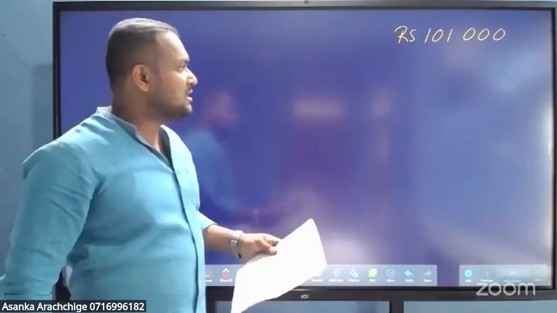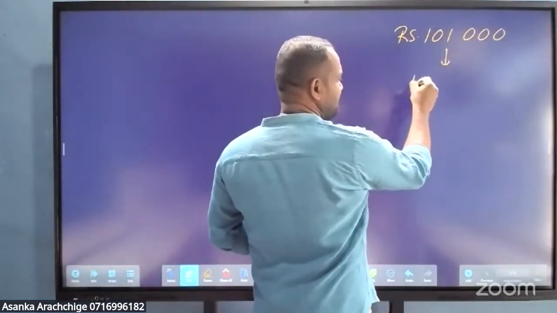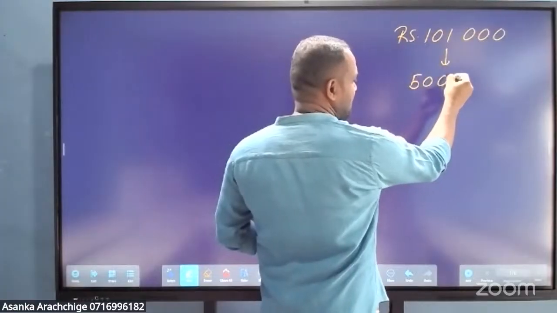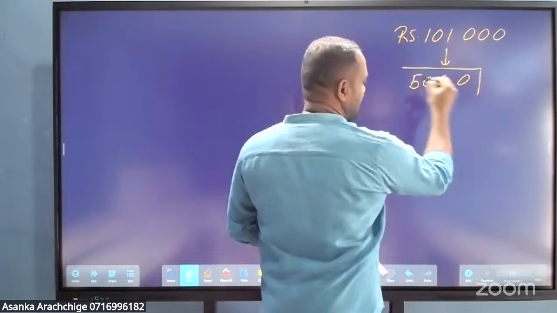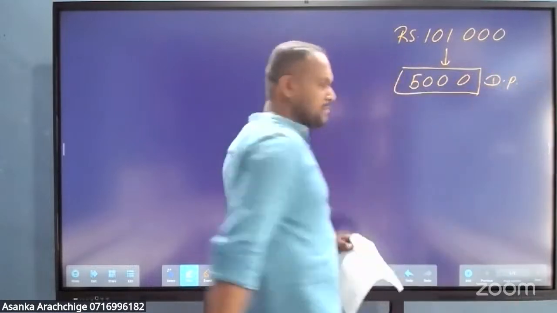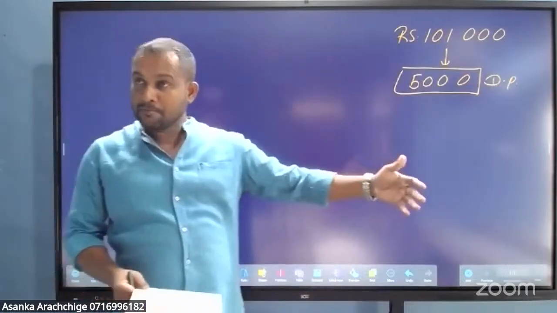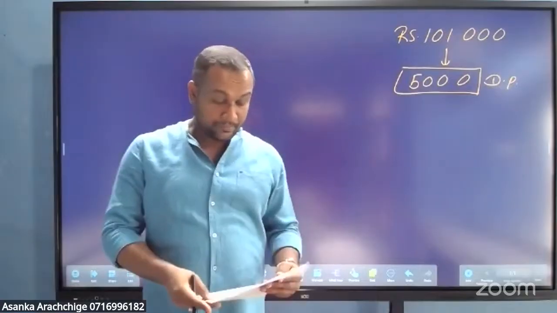But when this is bought by paying a part of it, the paying part is 5,000 rupees. This is called the down payment. Down payment means the part of the price of the item that we pay initially.